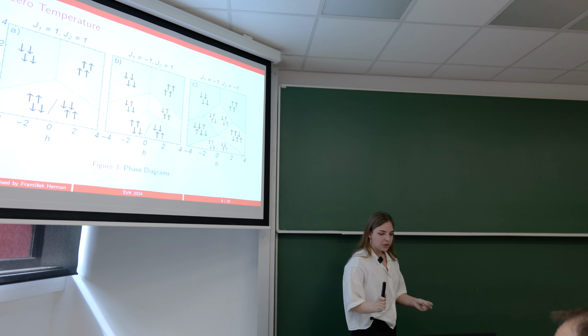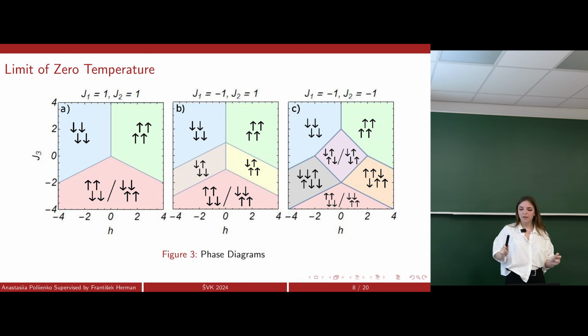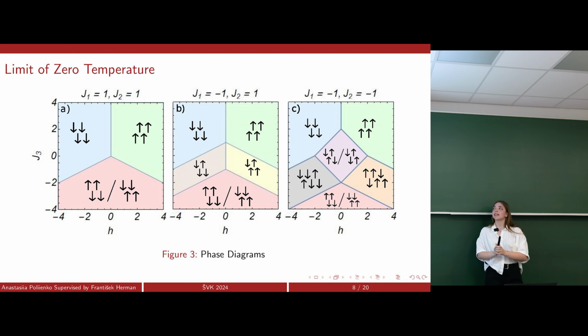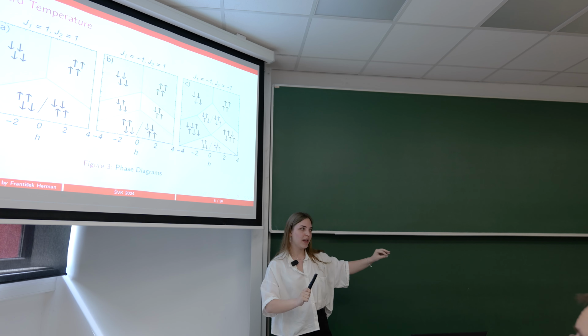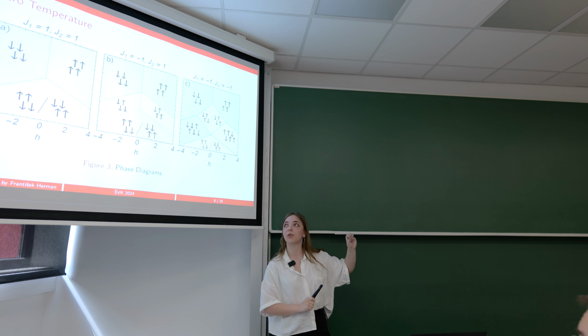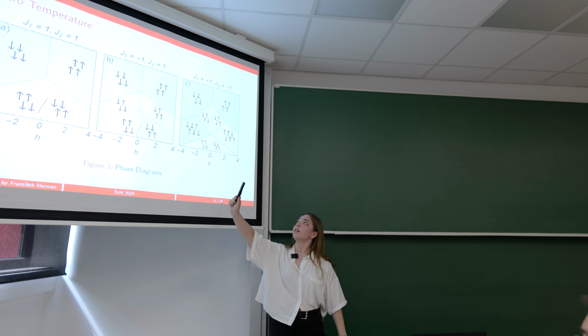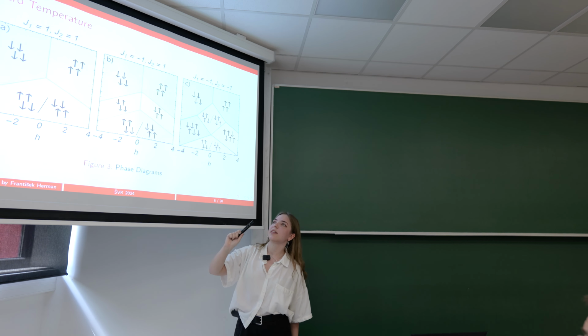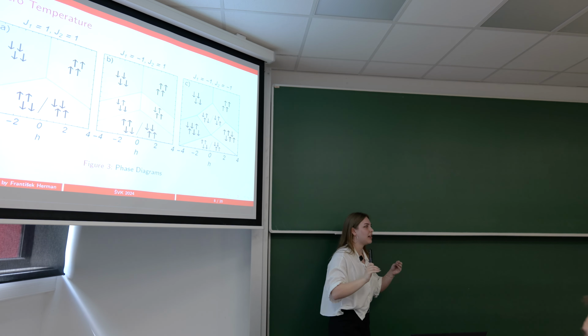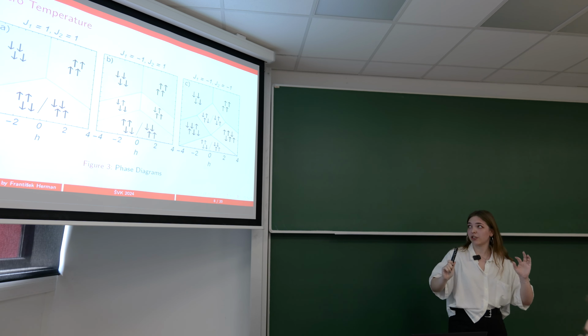And as for me, the most interesting results were for case C, the coupling of two antiferromagnets. Before, I was saying that we were equating energies for each configuration from the table. I will refer to them as two pure configurations. Here, in this light gray and light orange area, we can note that those are not pure configurations.